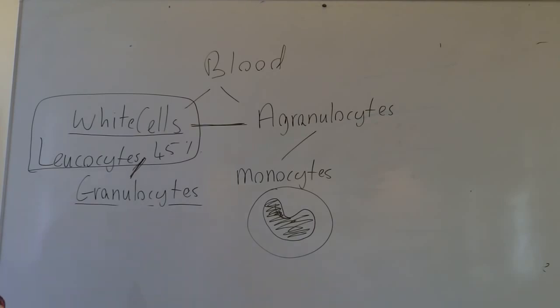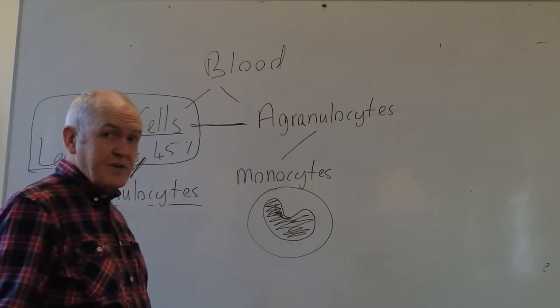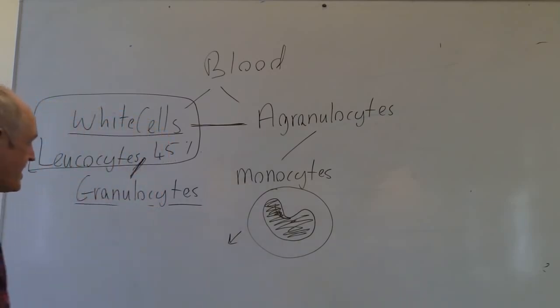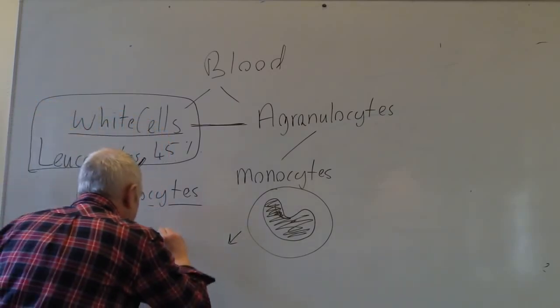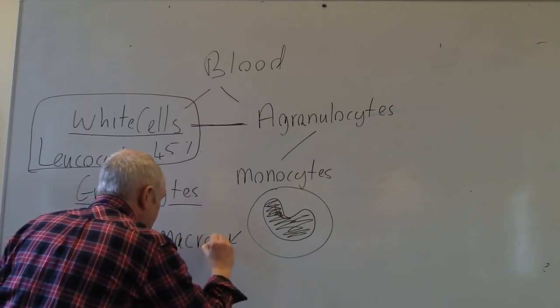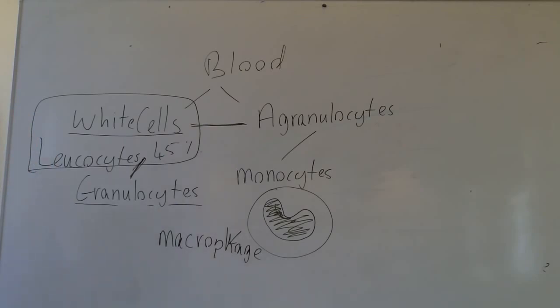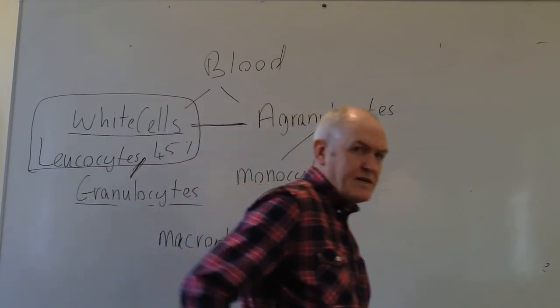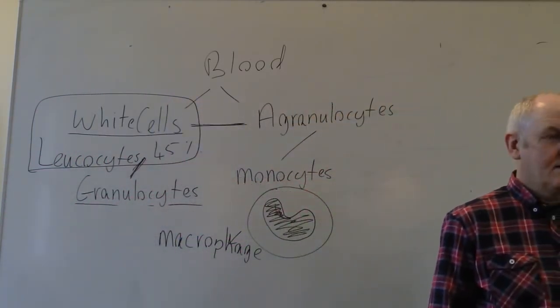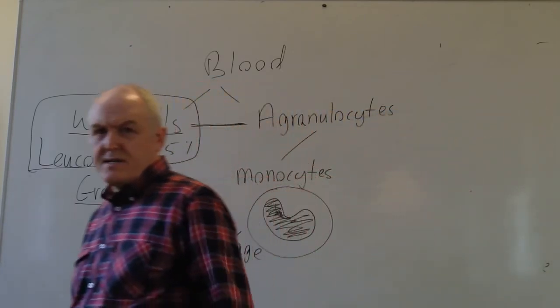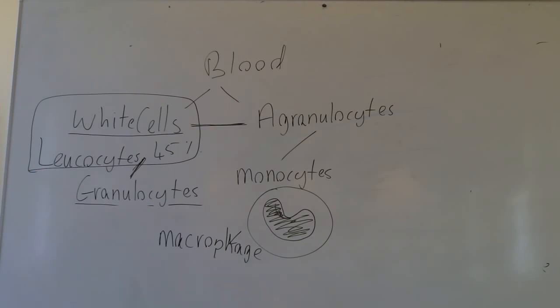Our monocytes are large cells, and they too can move into the tissues. And when they move into the tissues, they change their name from monocytes to macrophages. And macrophages are the ultimate bacteria eaters. They will gobble up bacteria at a huge rate using the process of cell eating, which is?